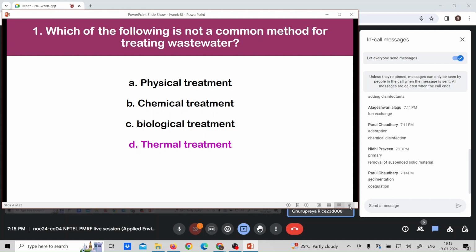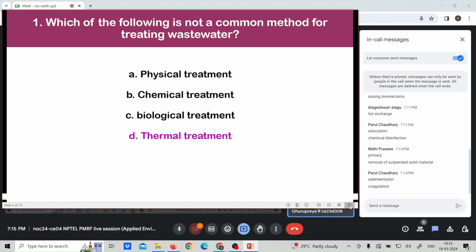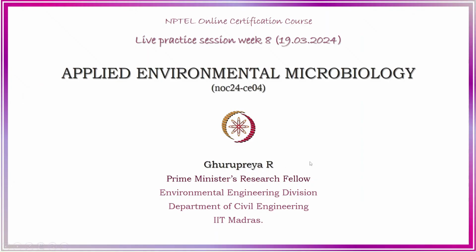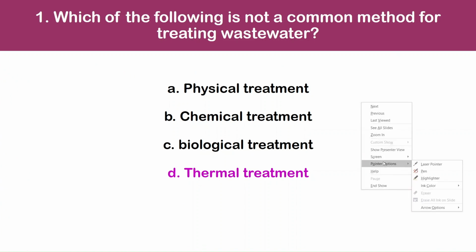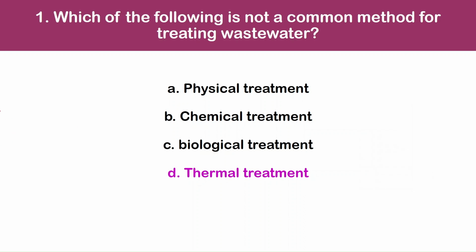Okay. Let me just give you an overview of these treatment processes and the different things that we use in them. I'll just use my pen now. So, generally in wastewater treatment, we have primary, secondary, and sorry, tertiary.